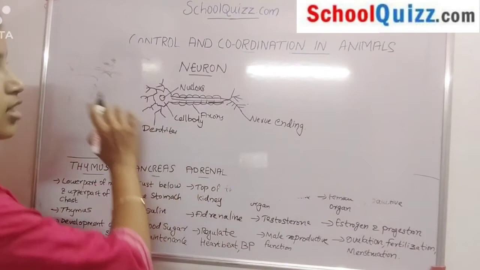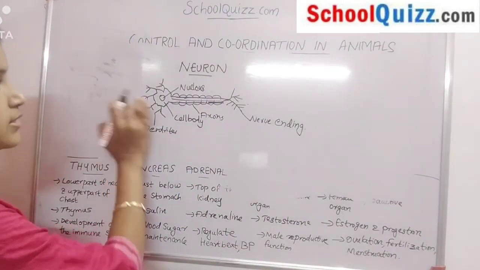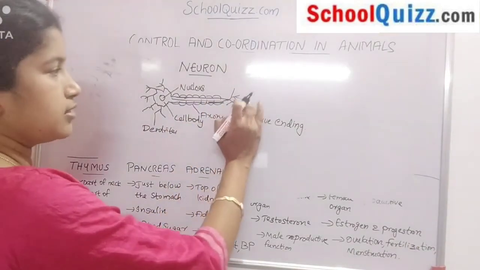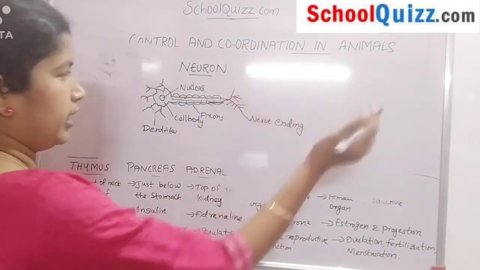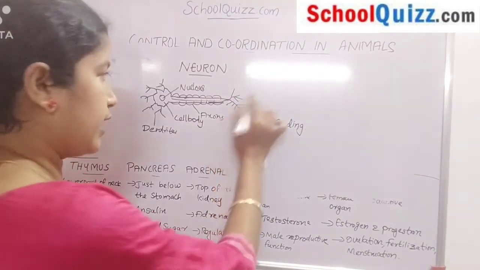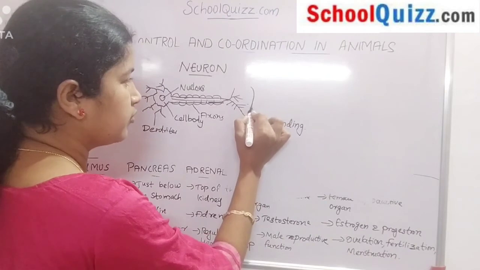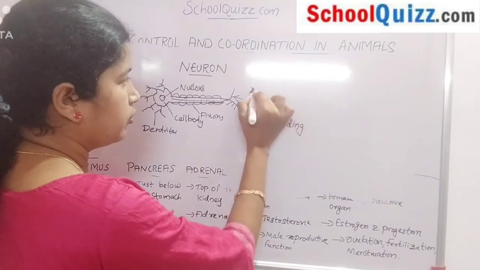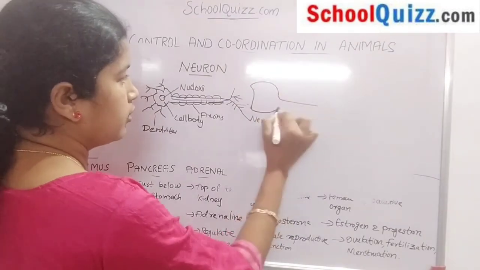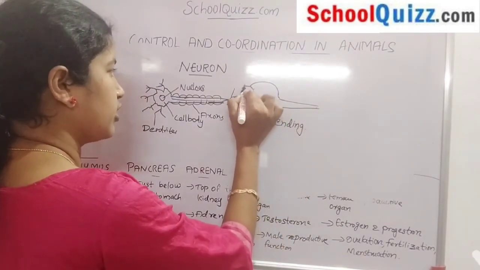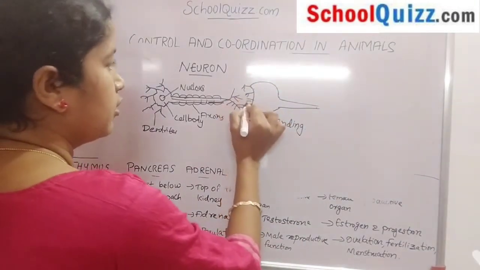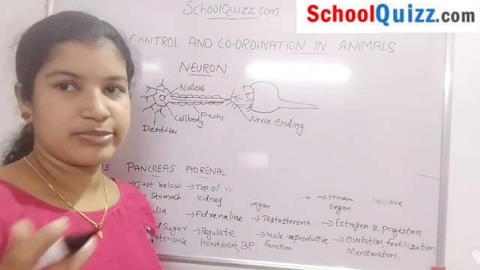So the message is received through the dendrites, and it moves to the axon, and it is given out through the nerve ending to the dendrite of another neuron. Here we have another neuron present with dendrites. So the nerve endings will produce a chemical substance.